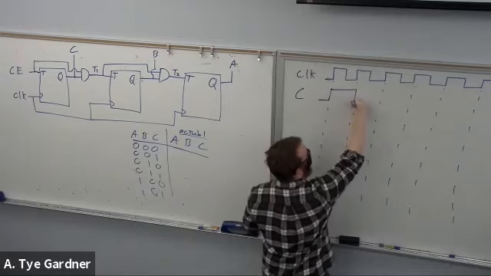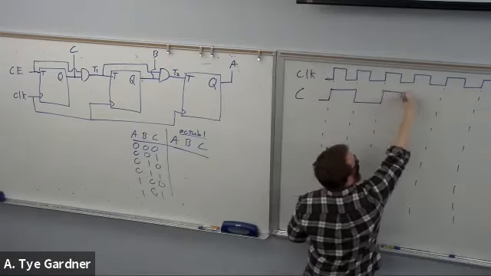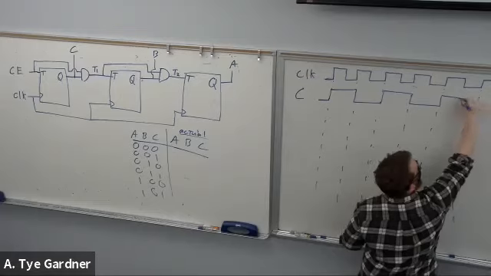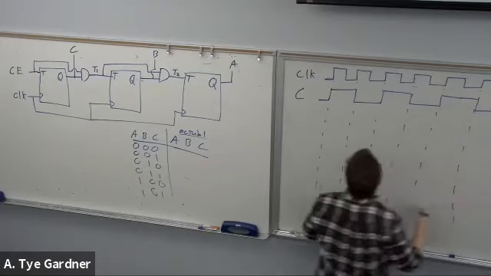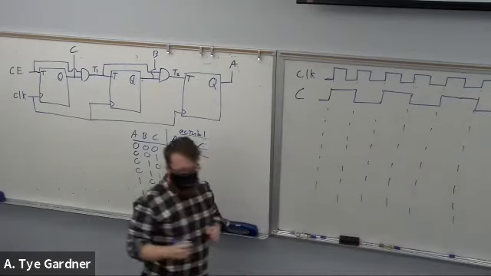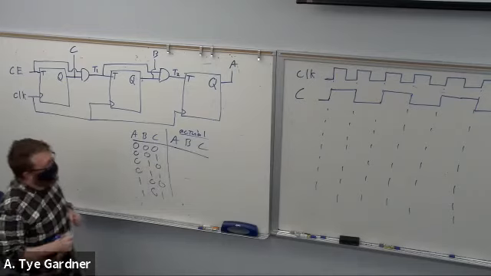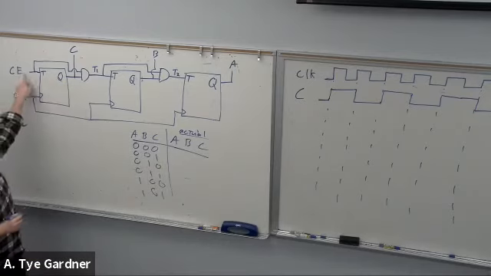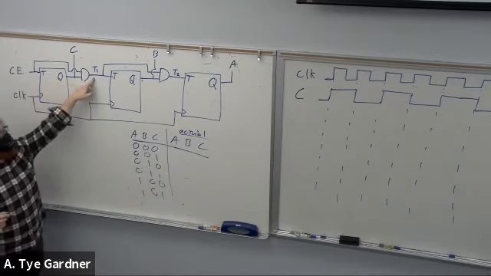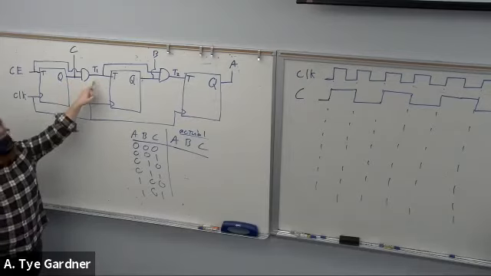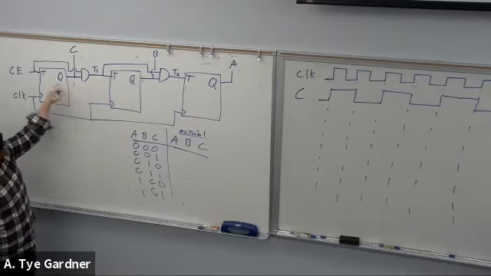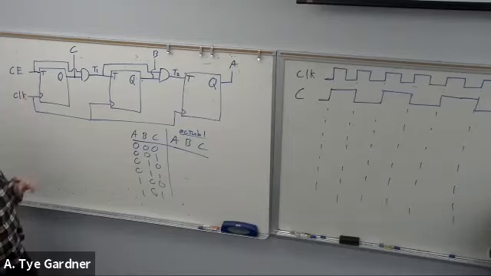And it happens at every rising edge. Then we know that CE is always 1. So T1, I'm not even going to bother, because T1 is going to be equal to C, because clock enable is always 1. That was the assumption I made.